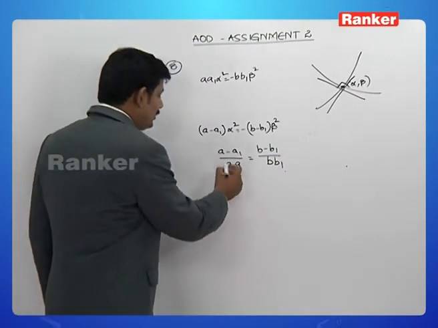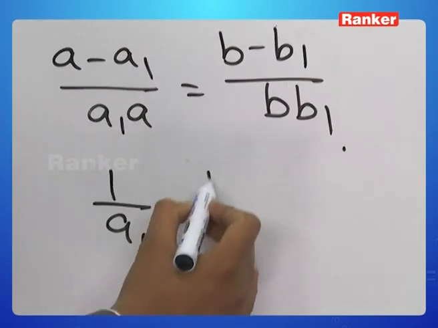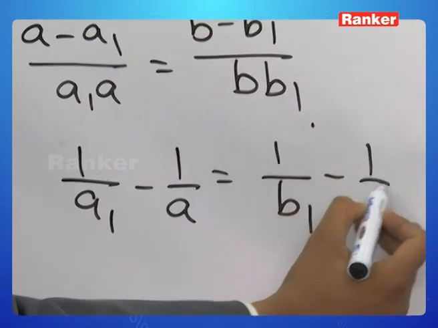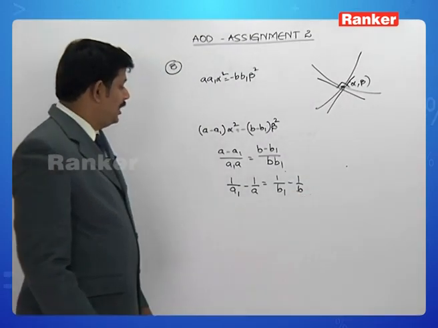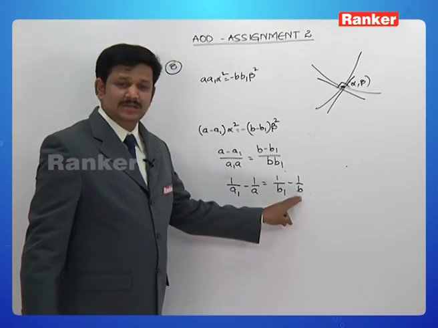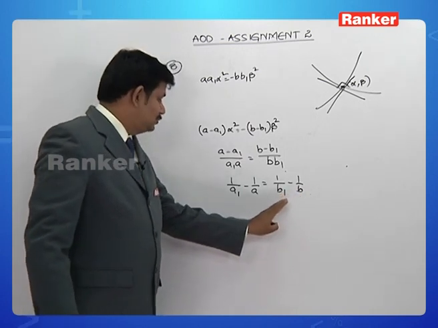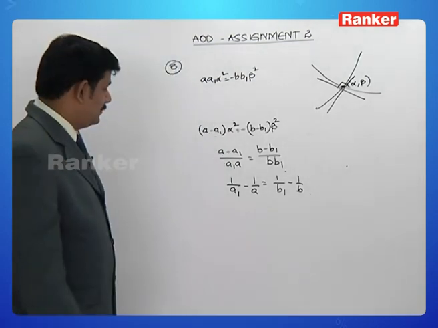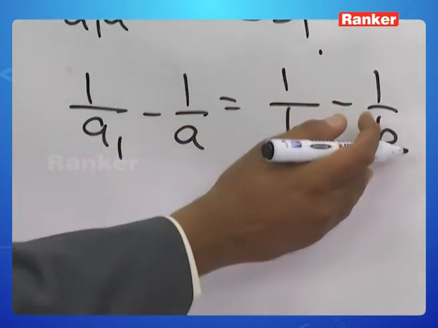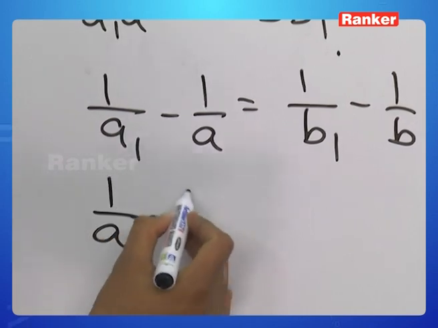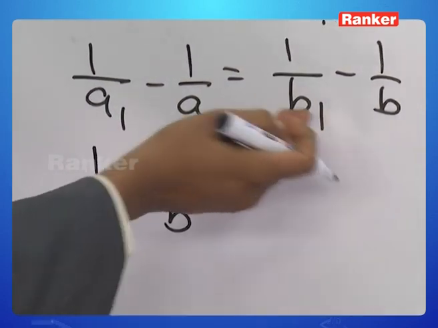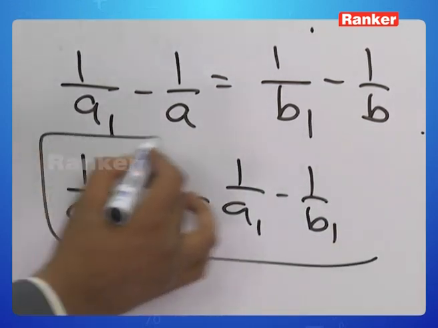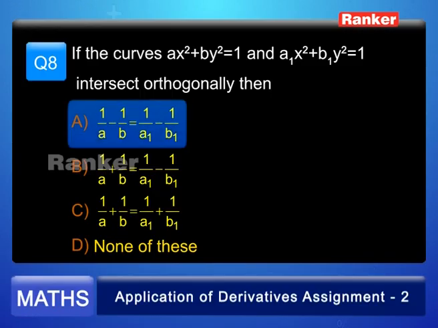In simpler terms we have 1 by a1 minus 1 by a is equal to 1 by b1 minus 1 by b, or 1 by a minus 1 by b is equal to 1 by a1 minus 1 by b1. So, it is option A. From this we have 1 by A, I can push it to the other side, 1 by A minus 1 by B is equal to 1 by A1 minus 1 by B1, which is option A. Right answer is option A.